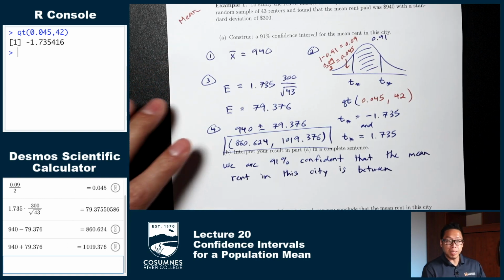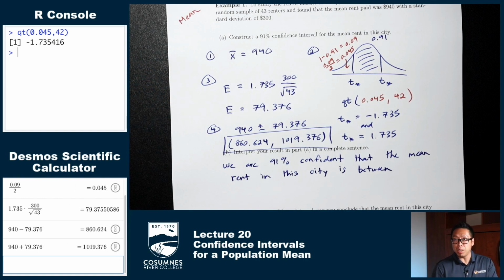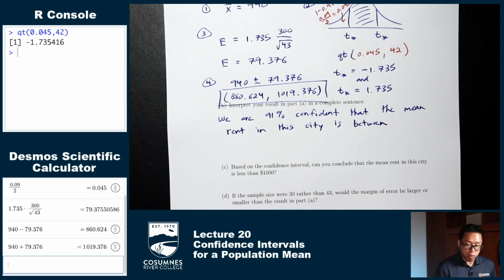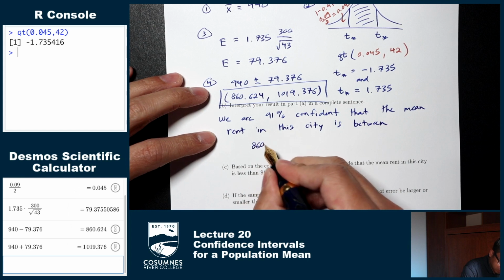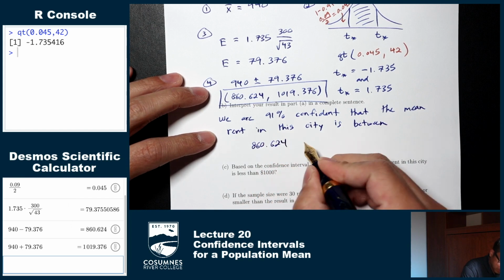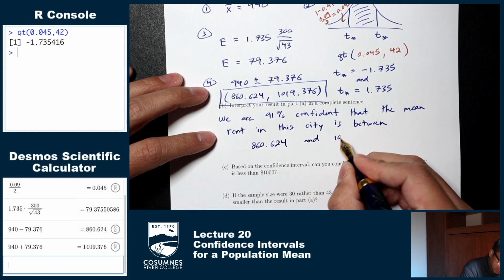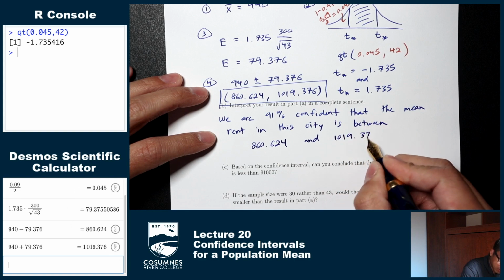So because we're talking about means here, means we don't convert to percent. So unlike the last lecture, these were proportions. So proportions, we do convert to percents. So these are means, we don't convert. So it's just going to be between 860.624 and 1019.376.